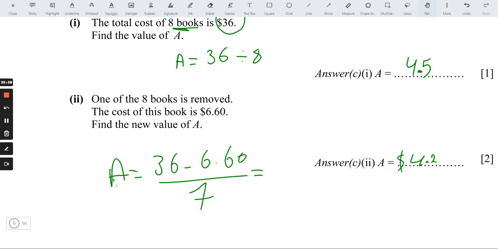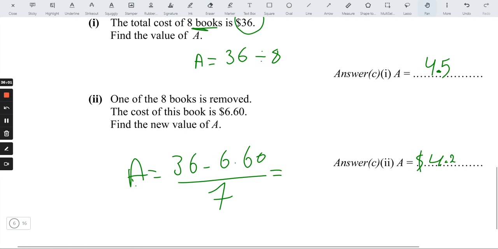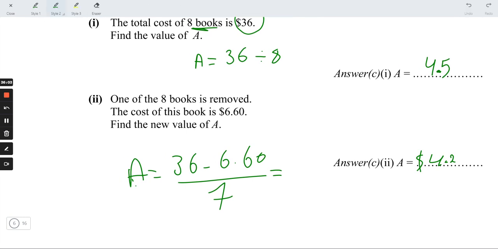It seems a dollar sign is not written in the space provided, so be careful, you have to write it, because A also represents a price.